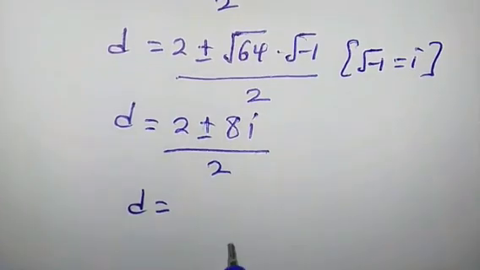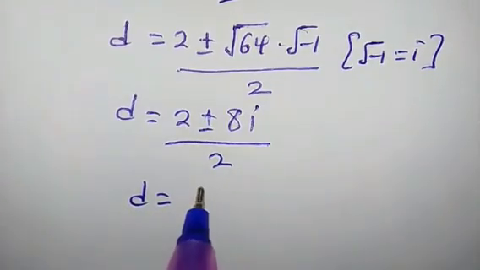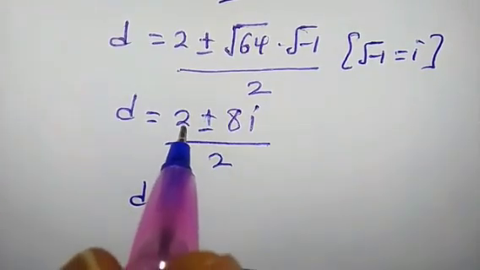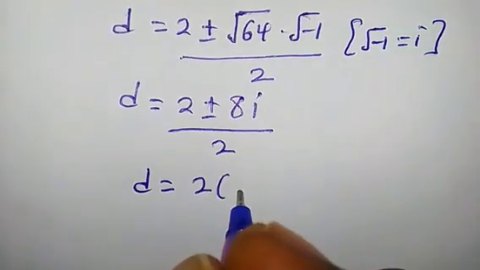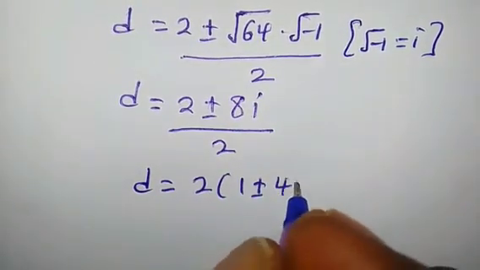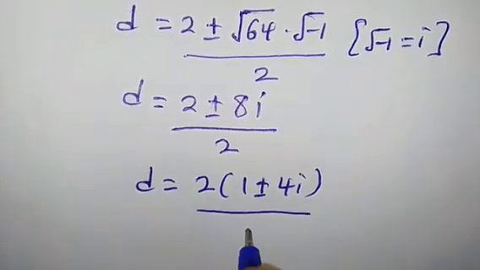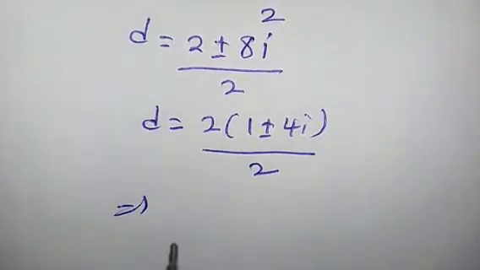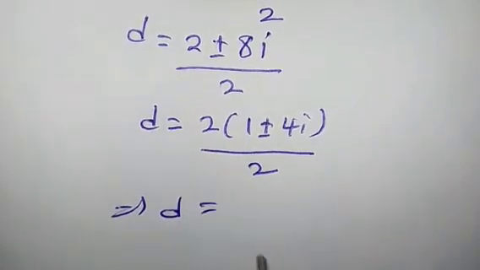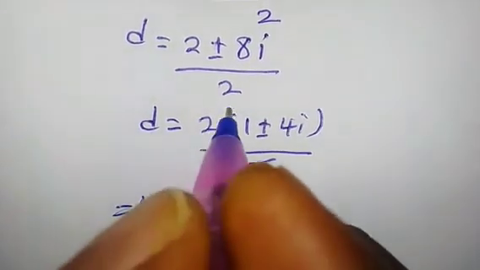d is equal to, it is possible I can pull out 2 from this numerator. So that will be 2 times (1 plus or minus 4i), divided by 2. This implies that d is equal to, clearly 2 cancels 2.